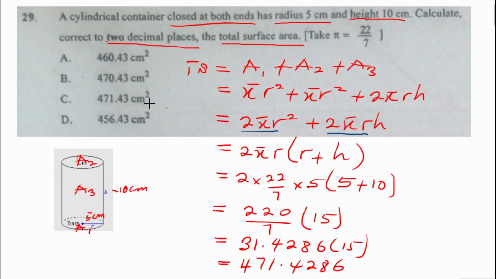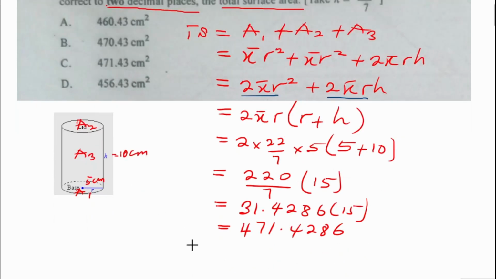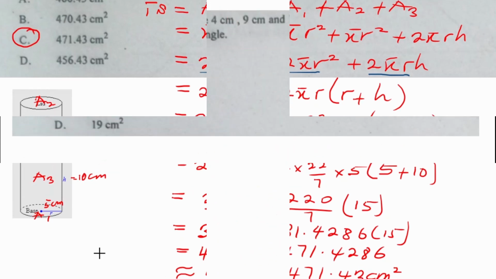And our question is for us to round our final answer to 2 decimal places. So when we do that, we are going to have approximately 471.43 square centimeters, because that is area. And that is option C. We move on to the next question.